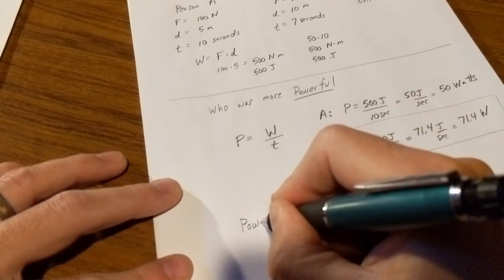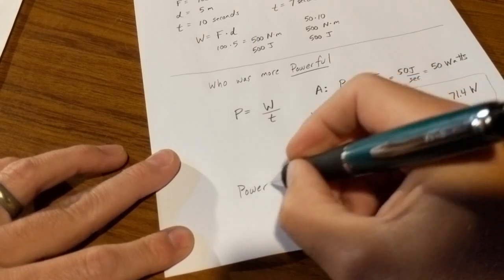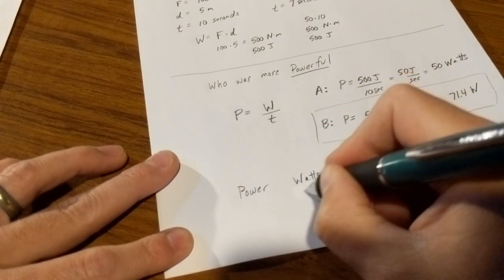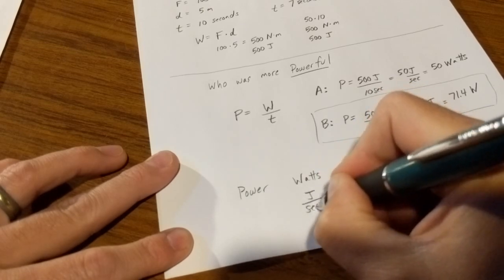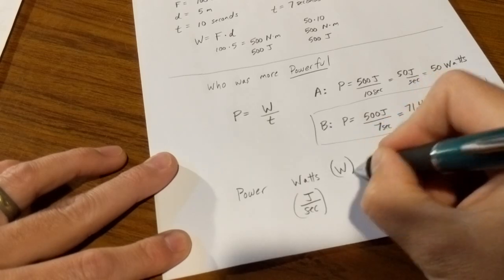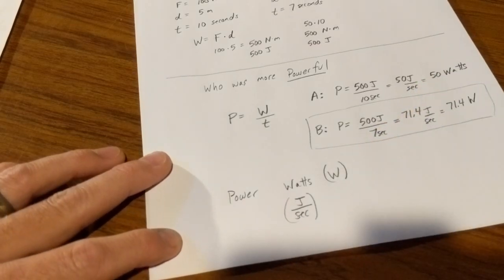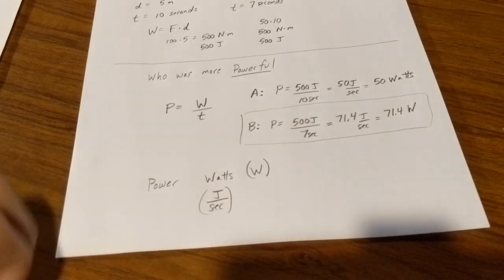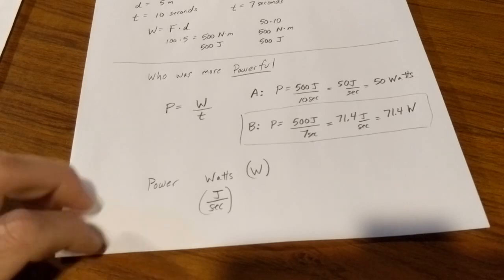Power is measured in watts, or joules per second. The unit watts is abbreviated W, capital W, after James Watt, who had a collection of horses. And he did experiments with the horses to see what kind of tasks they could accomplish in a particular amount of time.